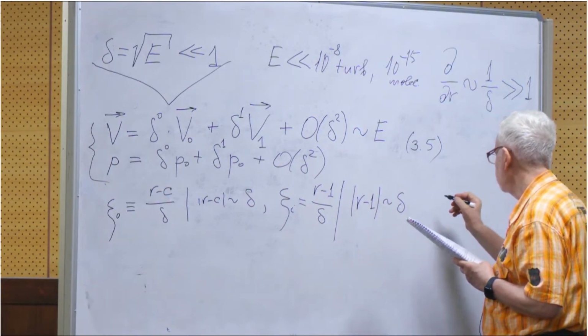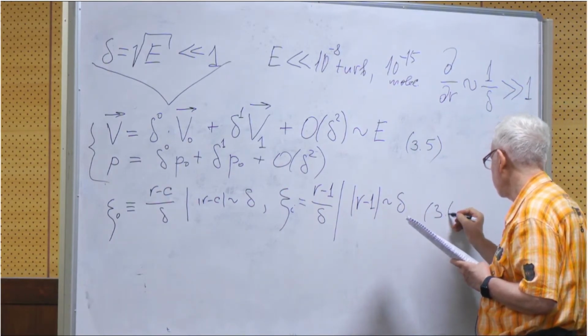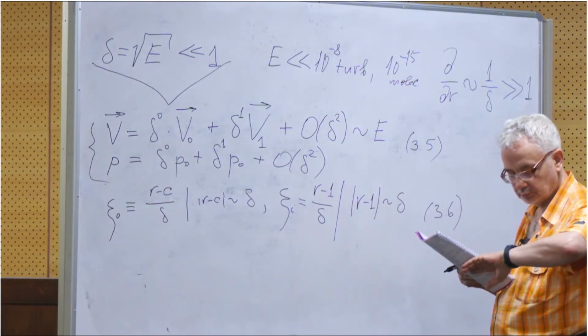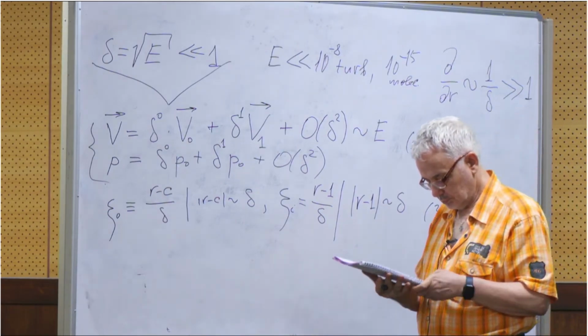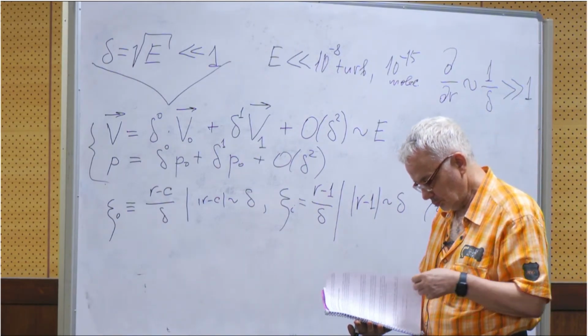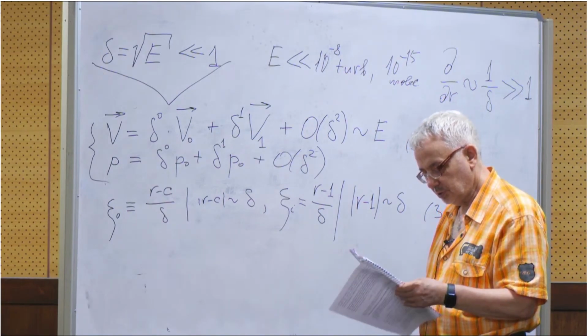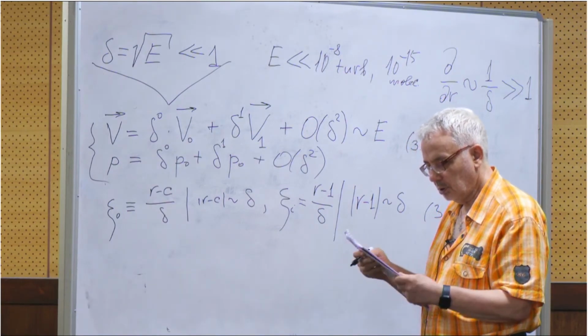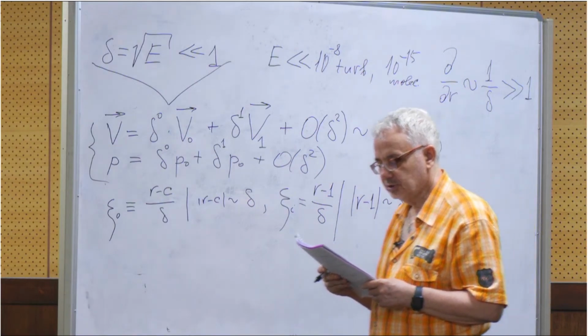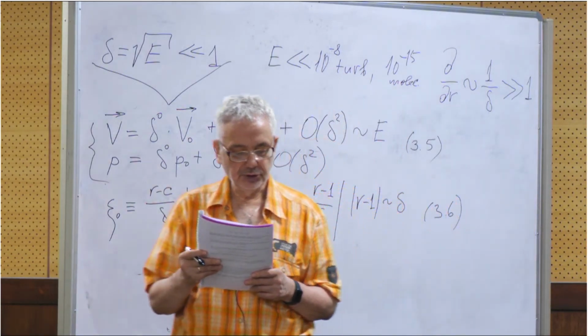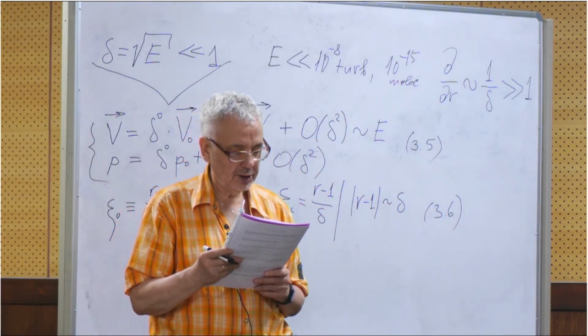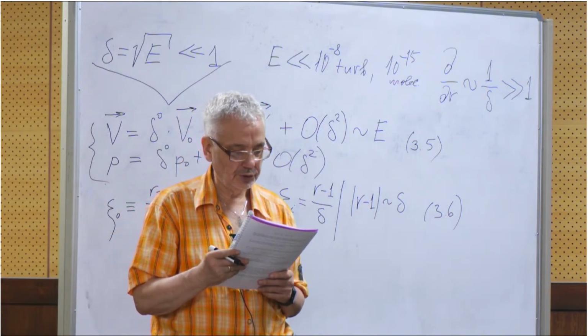So it constitutes the formula 3.6. So this is the stretched variable, which we put here. And here the external variable theta O has a magnitude of the order of unity.